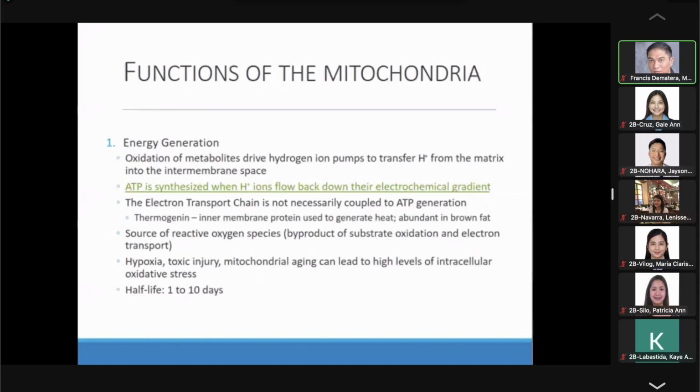ROS can also be produced as a consequence of ionizing radiation, chemotherapeutic drugs, and environmental exposure to transition metals and chemical oxidants. Hypoxia, toxic injury, and mitochondrial aging can lead to high levels of intracellular oxidative stress. Mitochondria usually have a half-life of 1 to 10 days.